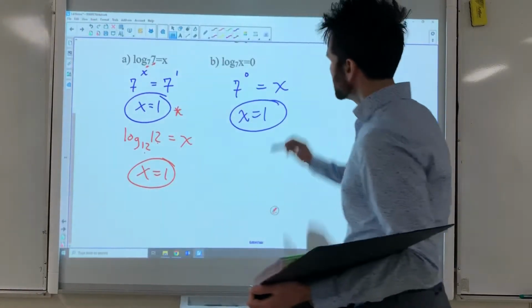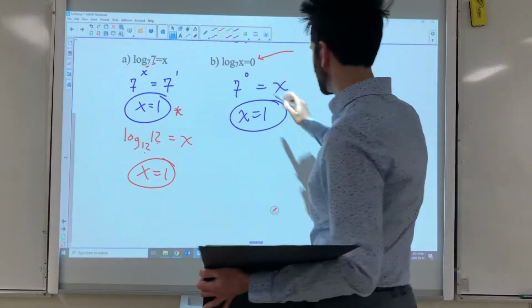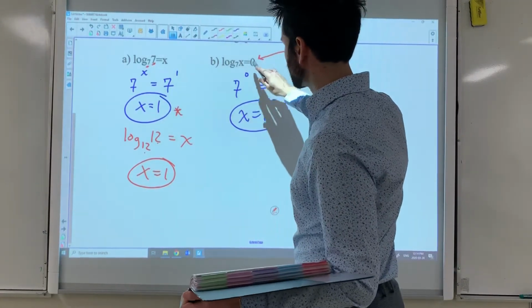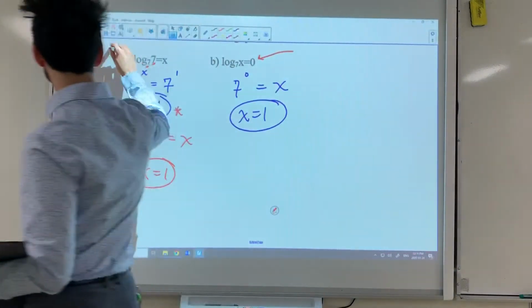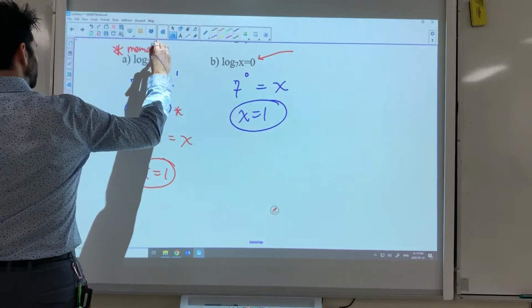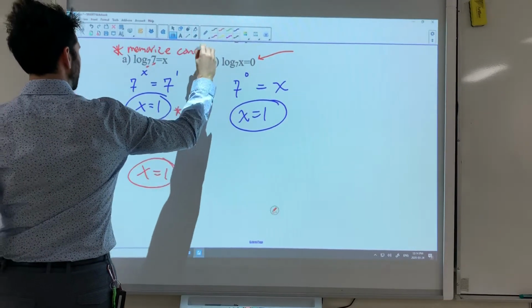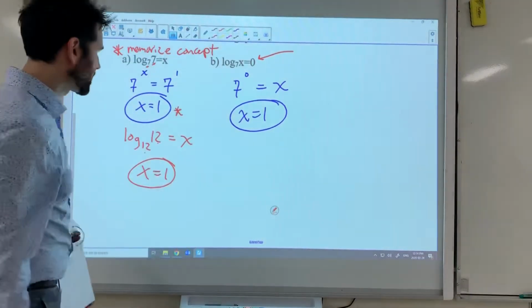The other one is, if your log equals 0, then the answer is 1 as well, because you're going to have 7 to the power of 0 equals x. Okay, so these are 2 log questions that you should know. And I hate to say memorize the concept, I should really say understand the concept, okay?